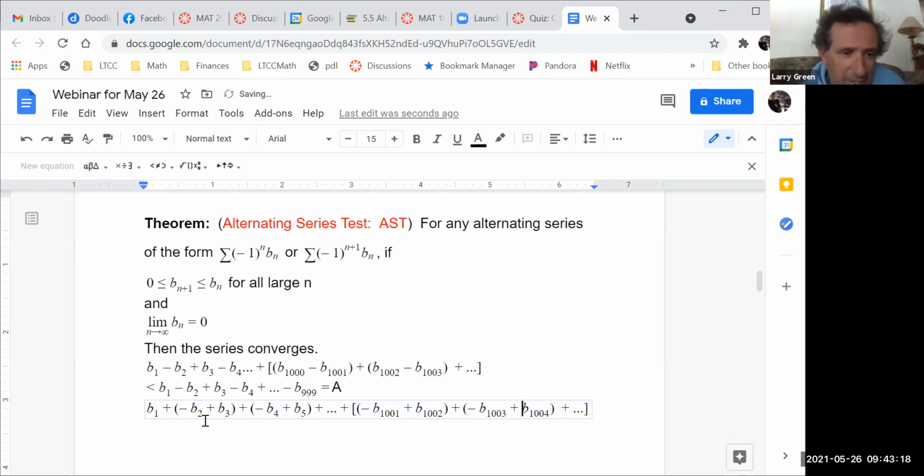So pretty much what I'm doing now is I'm going to say, well, hey, now we know that it is bounded below. Okay, so this is going to be greater than some B, because we're starting with B1. In fact, it's greater than B1 if I want. Any questions on that?